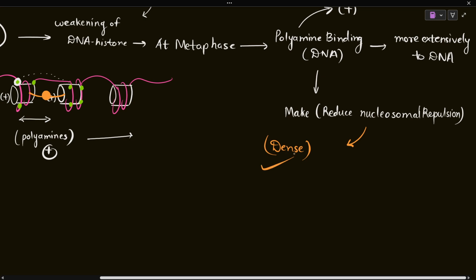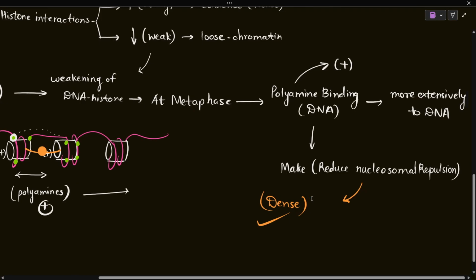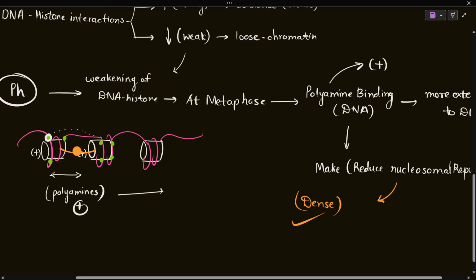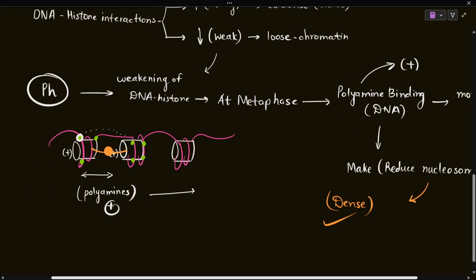I hope now you got how the weakening of DNA histone interaction results in dense packaging. The weakening of histone DNA interaction doesn't do it directly, but it promotes polyamine binding, which eventually makes the chromatin more dense.